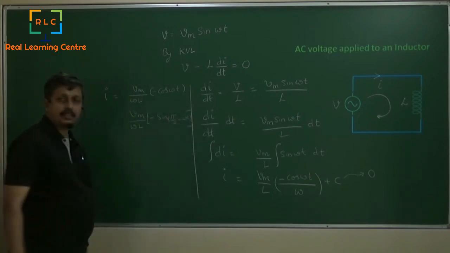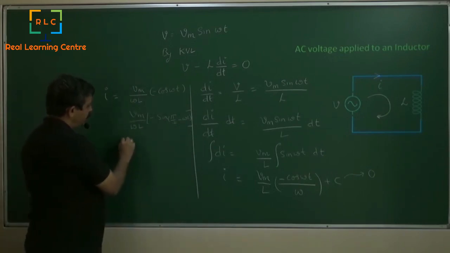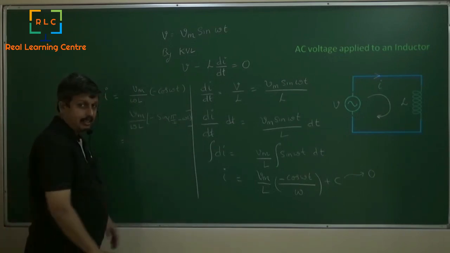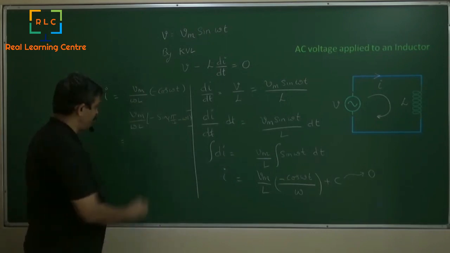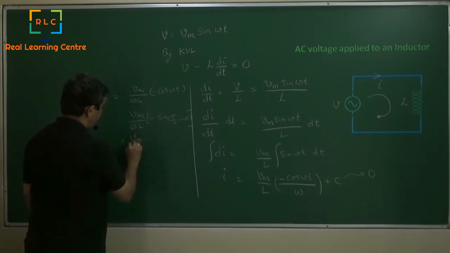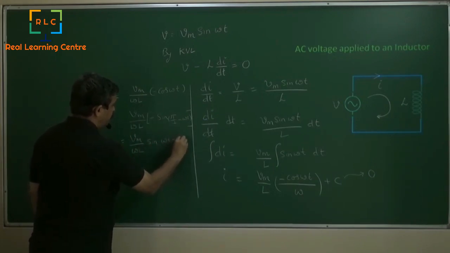We can write that, minus sin theta is equal to sin of minus theta. We can write that as sin(omega t minus pi/2). So this minus I take it inside.